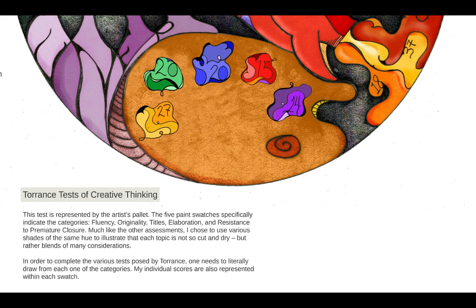In order to complete the various tests posed by Torrance, one needs to literally draw from each one of these categories. My individual scores are also represented within each swatch. They are 27, 20, 20, 15, and 14.